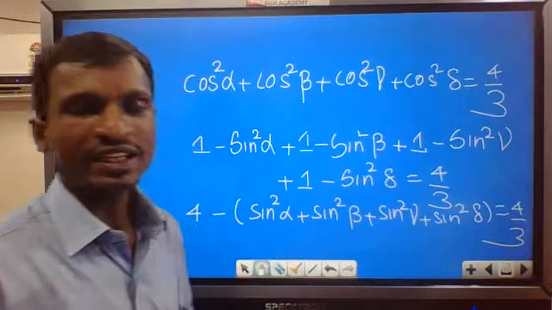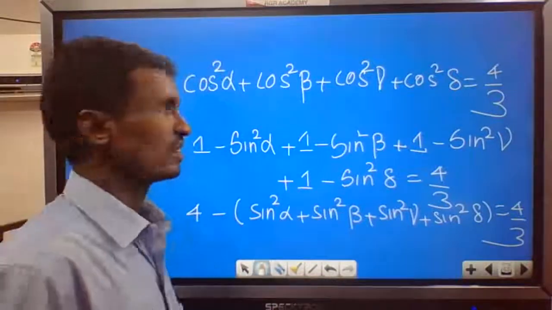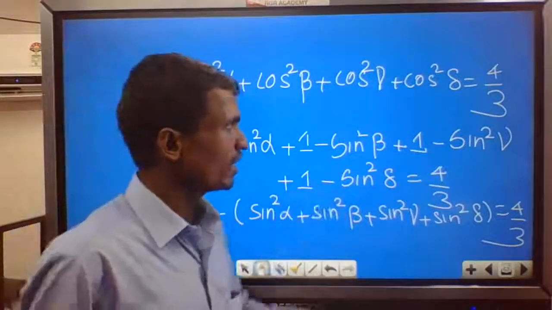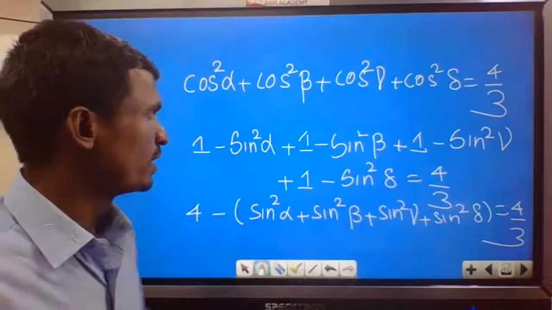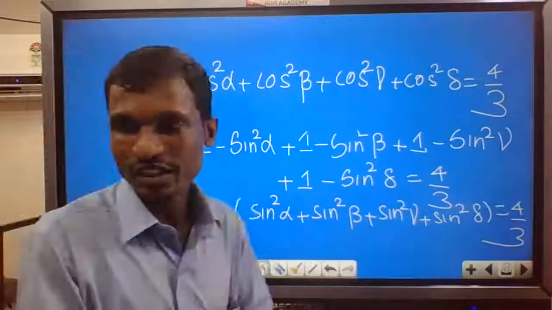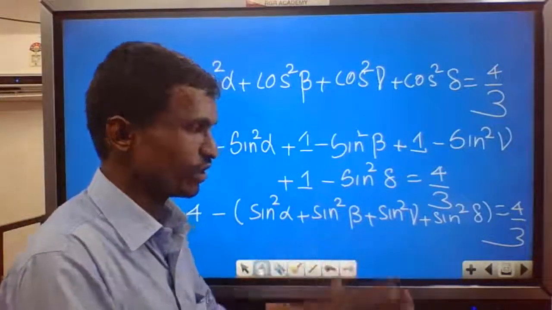Again, very important is the trigonometric relation between cos and sin. 1 minus sin squared alpha plus 1 minus sin squared beta plus 1 minus sin squared gamma plus 1 minus sin squared delta equals 4 by 3. The minus should be common, so 4 minus the sum of the sin squares equals 4 by 3.